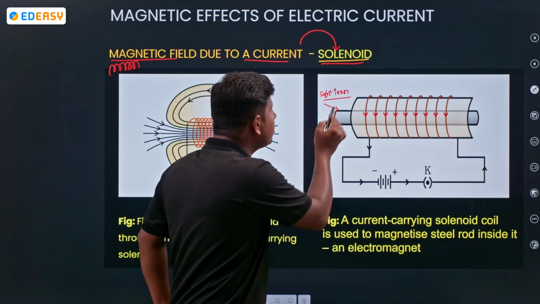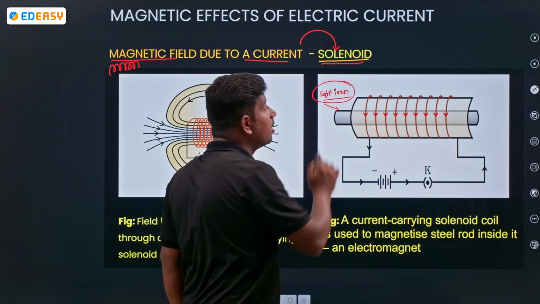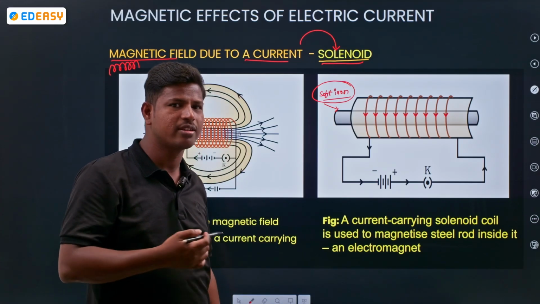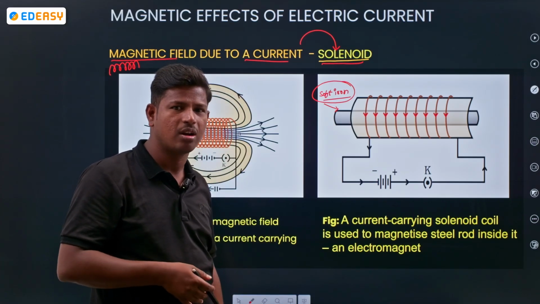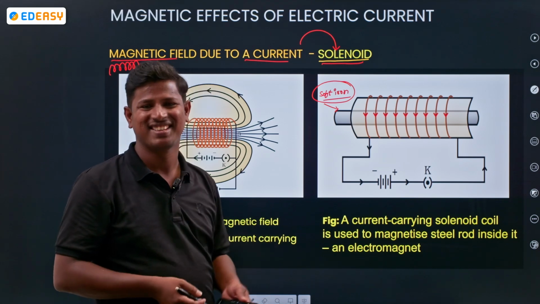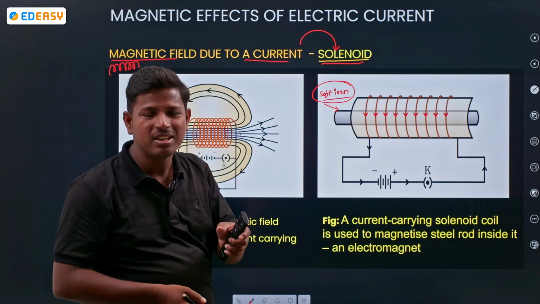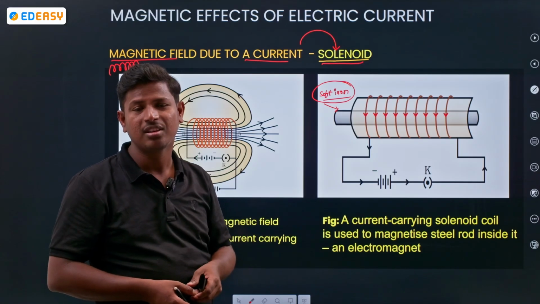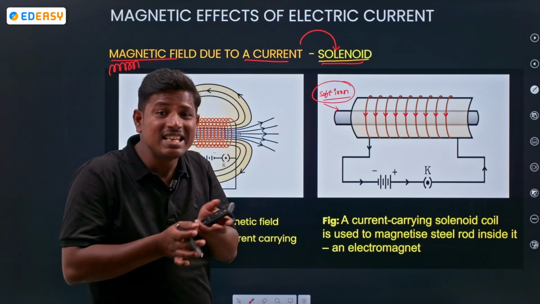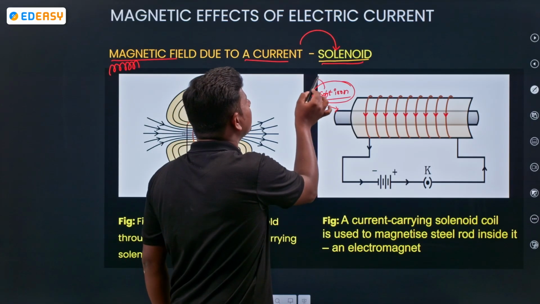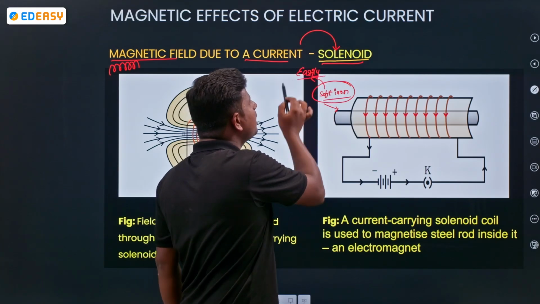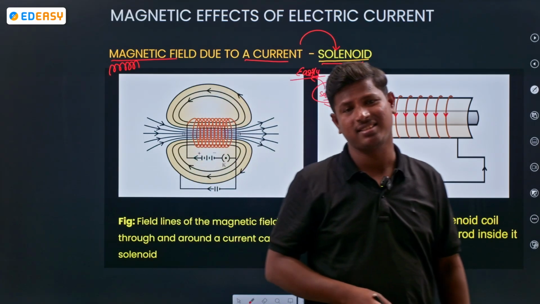Why are we taking soft iron here? Why can't you take hard iron? Because it is soft, that's why it responds. Soft iron means it will be easily magnetized. Soft means easily we can handle, easily magnetized.